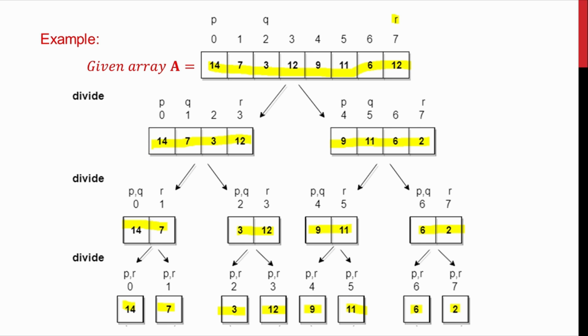Step 2: we find the middle of the array using the formula (p + r) / 2 and mark the middle index as q, and break the array into two subarrays from p to q and from q+1 to r. Step 3: we divide these two subarrays again, just like we divided our main array, and then continue like in this picture.